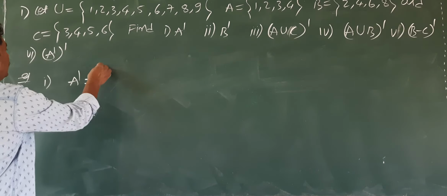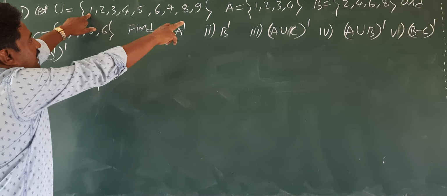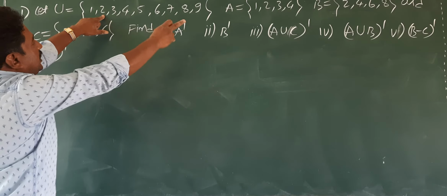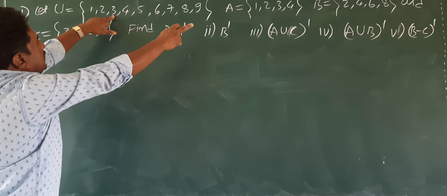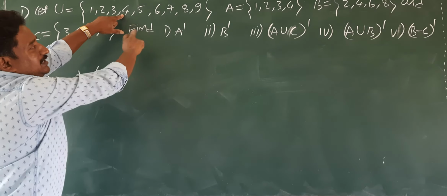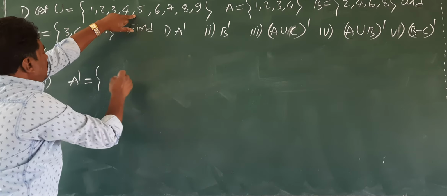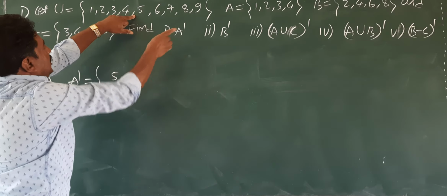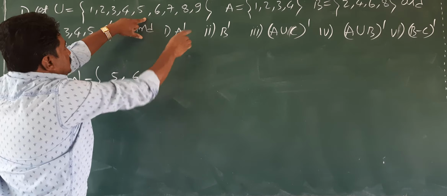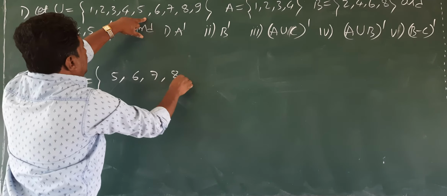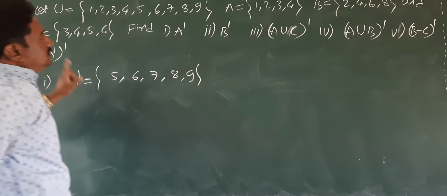So 1, it is in A, should not write. 2, it is in A, should not write. 3, it is in A, should not write. 4, again it is in A, I should not write. 5, this is not there in A. 6, 7, 8, 9. This is A dash.